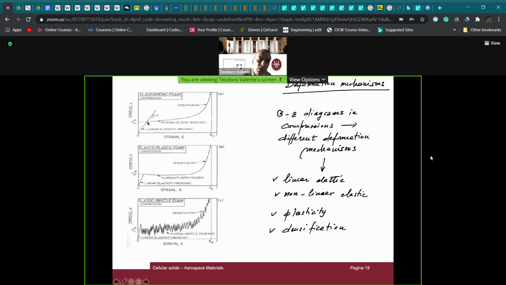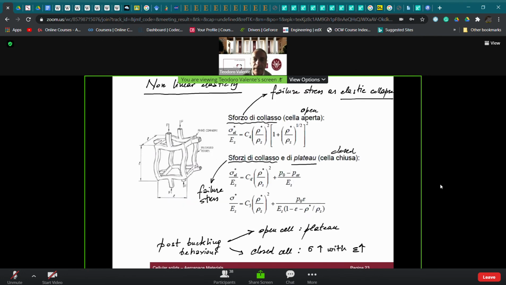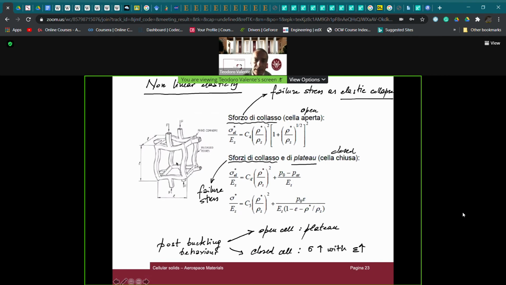But if we want to increase our strain, we need to increase, even though not to a very high extent, the applied stress, because the contribution of the resistance which is offered by the fluid entrapped inside the single cells, and thus inside all the cells, is going to be increased when we increase the compressive strain.